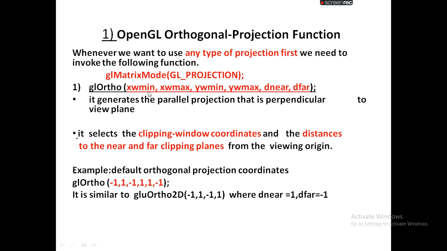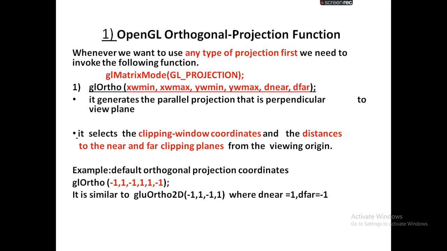Now, to create this volume we need to define 6 parameters: x min, y min, z min, but here I am taking z min as z near, and x max, y max, and z max, where z max I am defining as d far, the far distance.